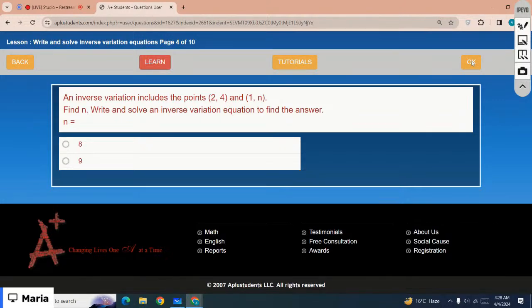So which is the correct option? Yes, the correct option is 8. Option number 1 is the correct option.